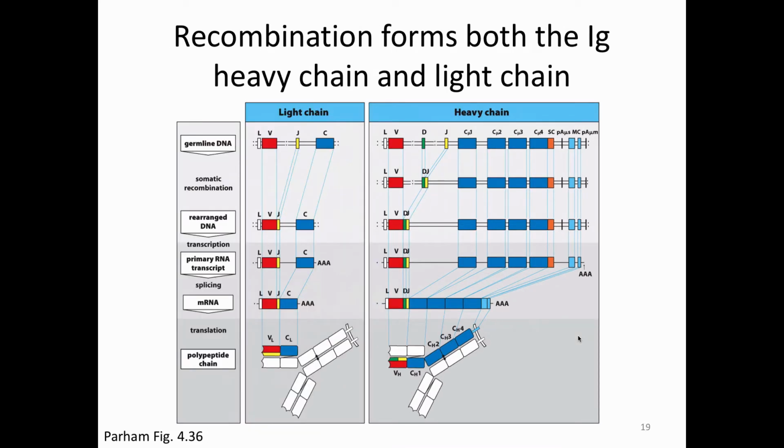We will similarly do this for the light chain. With the light chain, we're going to recombine a V and a J. We'll then transcribe that product, splice it to put the constant region close, and then translate to get a light chain. And then we can combine diverse heavy chains and light chains in order to get our overall diversity of antibodies.